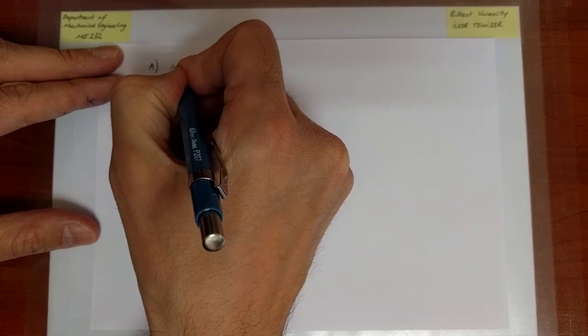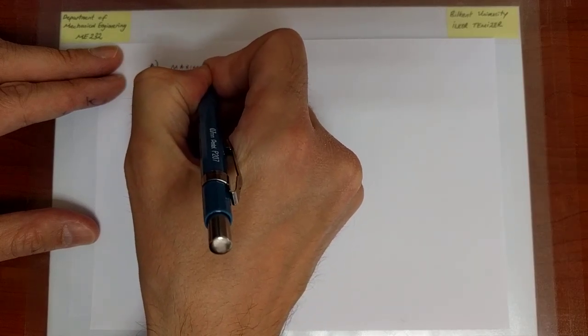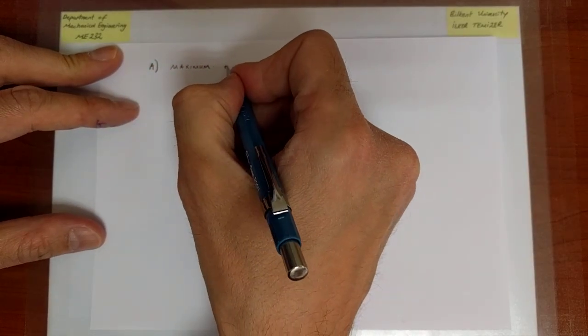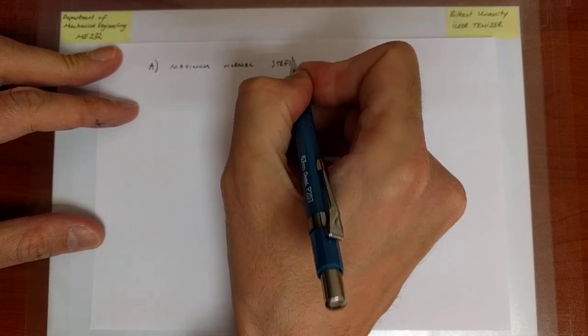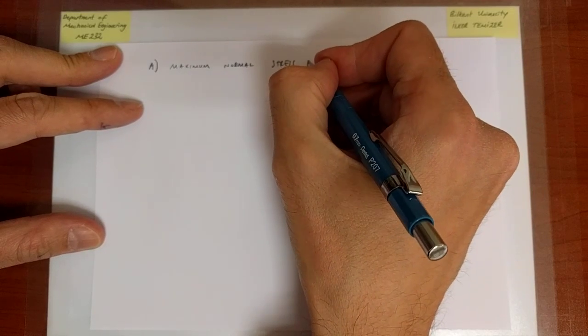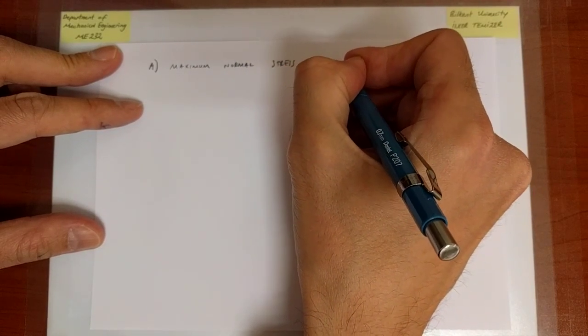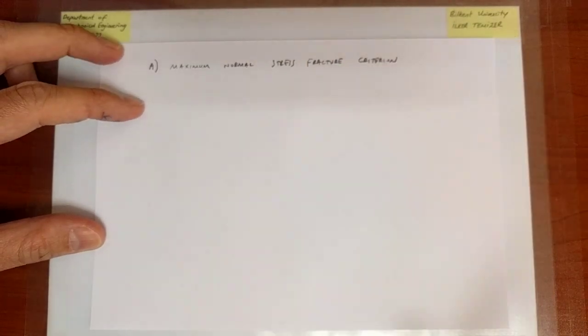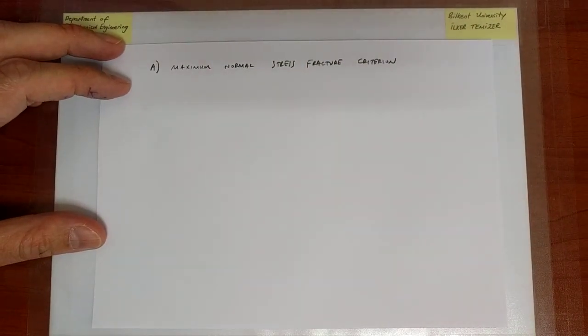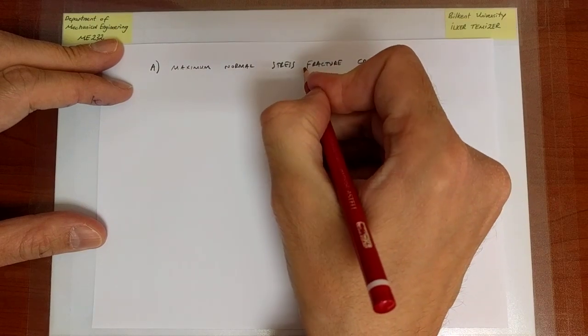So the name of the first criterion is maximum normal stress fracture criterion. Now the keywords here are, one, fracture.